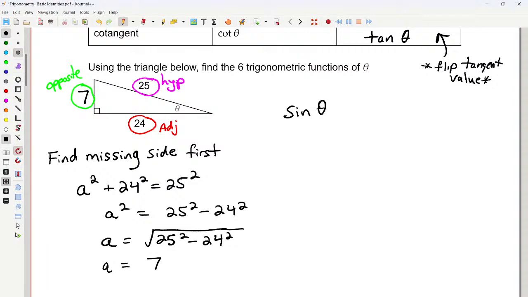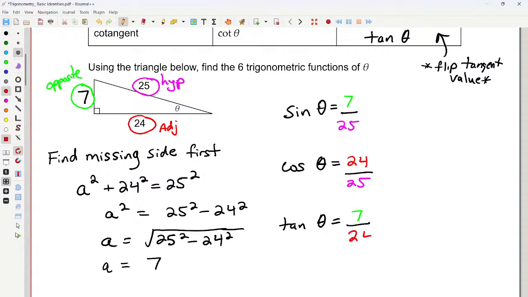Sine of theta, opposite over hypotenuse. Cosine of theta, adjacent over hypotenuse. Tangent of theta, opposite over adjacent.